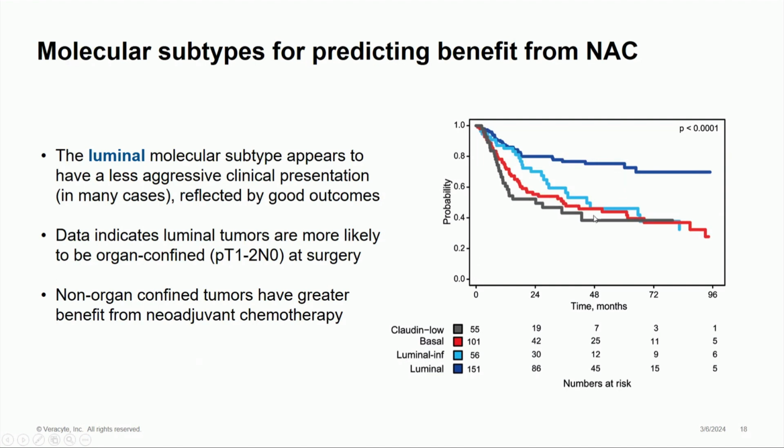So there's a very big difference, reflecting good outcomes. I just showed you some data that luminal tumors are more likely to be organ confined at surgery. And there is some evidence in the literature that non-organ-confined tumors have greater benefit from chemotherapy. So there are a number of rational points coming together to suggest that we could avoid chemotherapy for luminals.